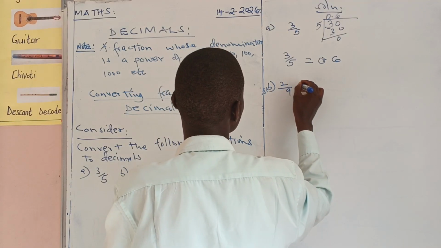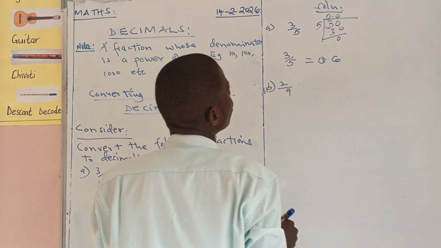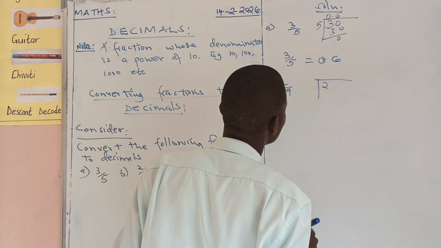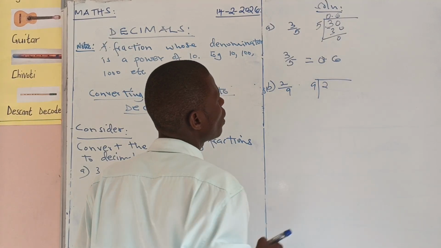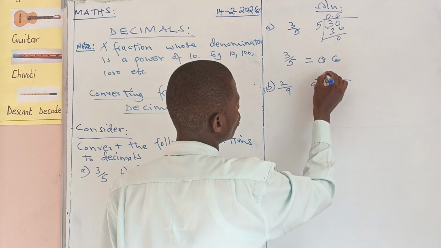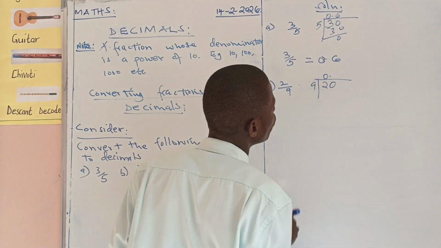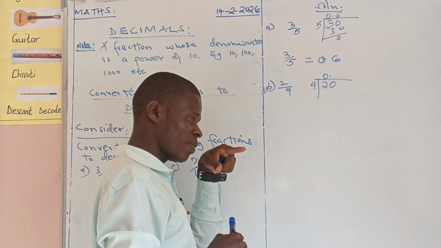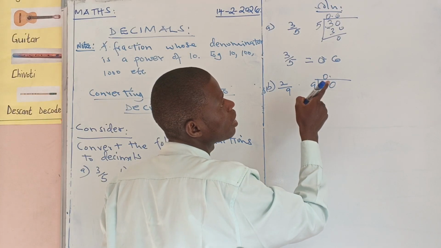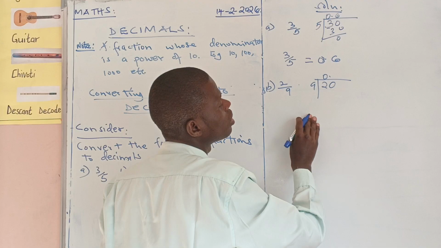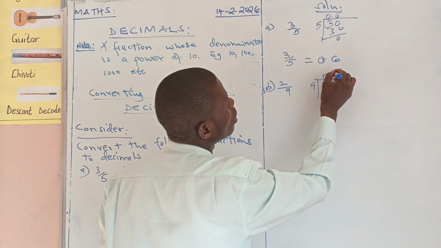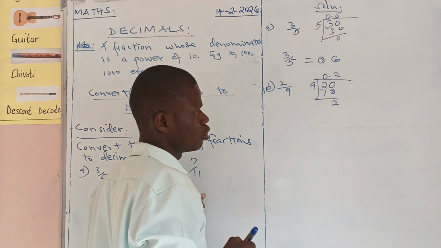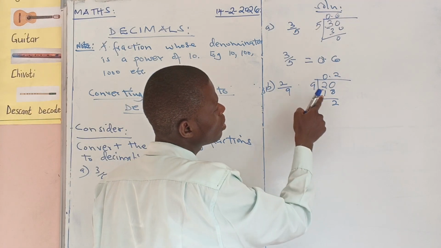B, what do I have? 2 over 9. The same. The number being divided is 2. The number dividing is 9. Can 9 divide 2? No. So it is 0 into 20. 9 divides 20 how many times? 9 times 1, 9 times 2 is 18, 9 times 3 is 27. So it is 2 times, because of 18. Remainder 2.